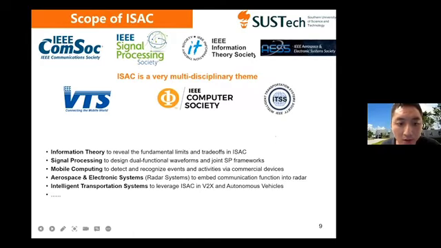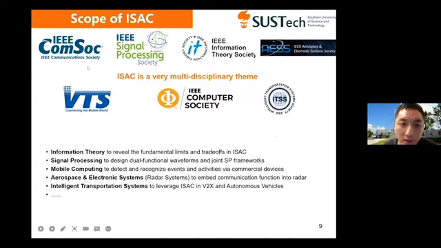And mobile computing to detect and recognize events and activities via commercial wireless devices. And aerospace and electronic systems, a dedicated society called IEEE AESS. This is a society dedicated to radar systems and navigation systems, to embed communication functions into radar. And there are, of course, intelligent transportation systems or vehicular technologies to leverage ISAC in V2X and autonomous vehicles.